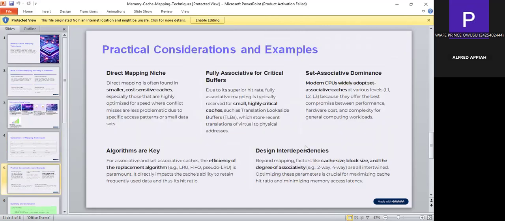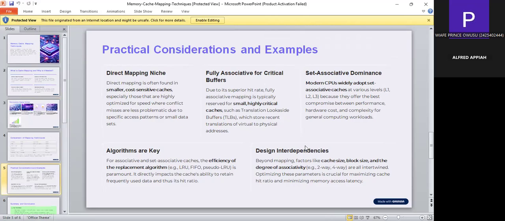There are also practical considerations and examples, just as you see there. We have direct mapping, fully associative for critical buffers, set associative dominance, algorithms as tools also, and design interdependencies.